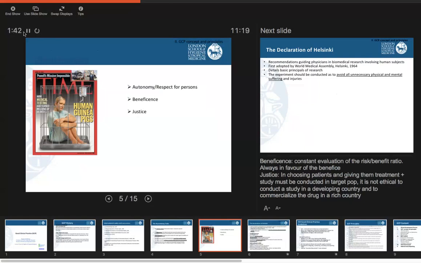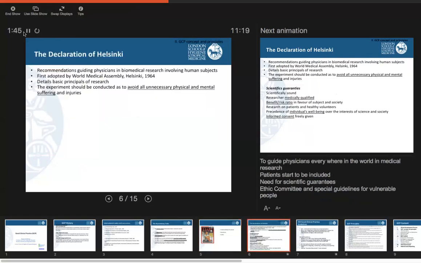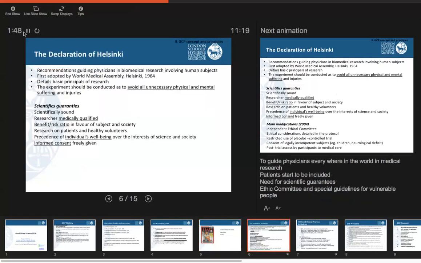So the Declaration of Helsinki, there are many elements to this, but in general it is to guarantee that the scientific principles are sound in terms of the study and how it's designed, because bad science is bad ethics, right?